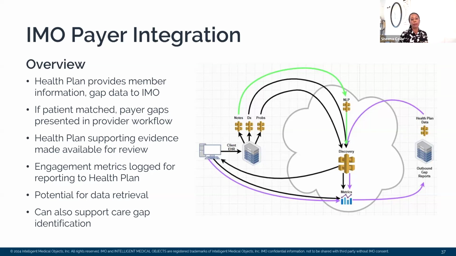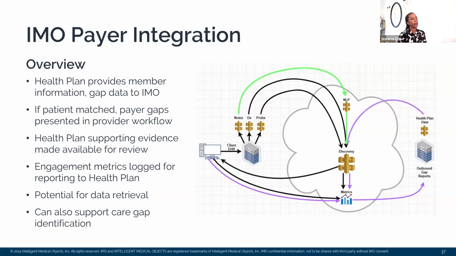Again, that's in real time. Those engagement metrics are then logged for reporting back to the health plan. So think of this as a bidirectional ecosystem. Again, something quite revolutionary in the space. This also gives us the opportunity for potential data retrieval and can also support care gap identification.